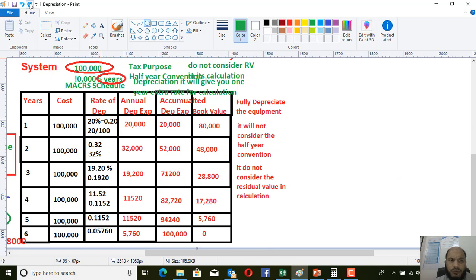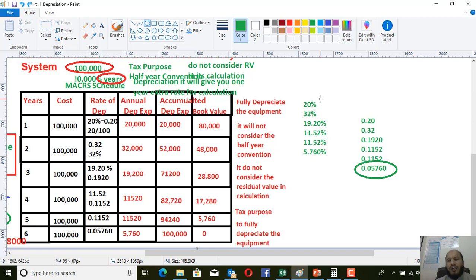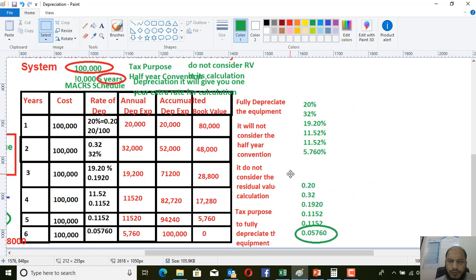Now we will discuss two other things, which are the graph of this portion, I mean the graph for the depreciation schedule. See dear students, let's move this from here to this place.